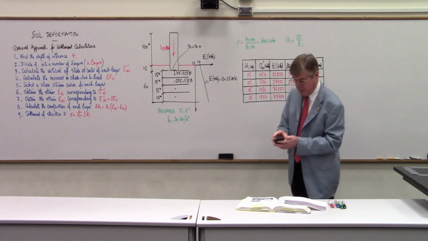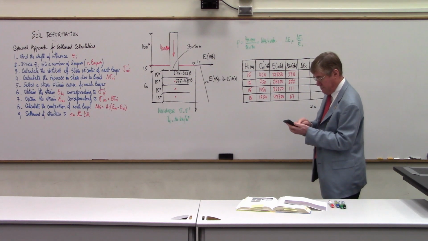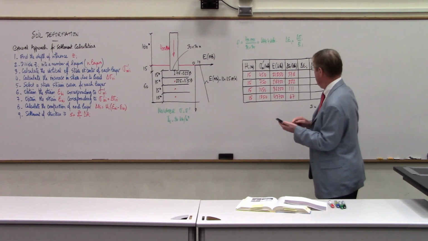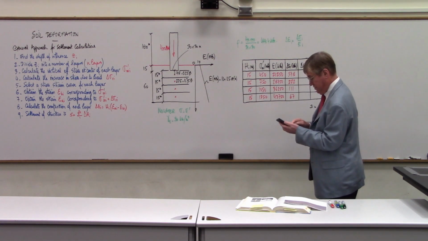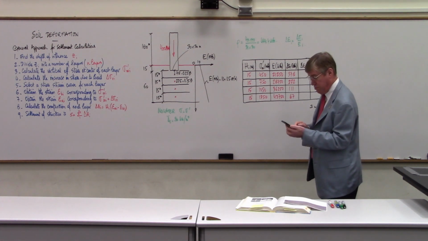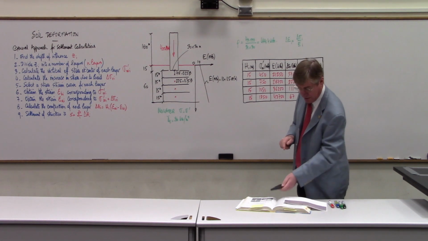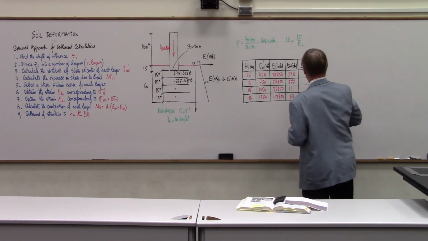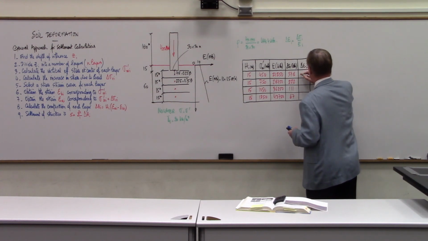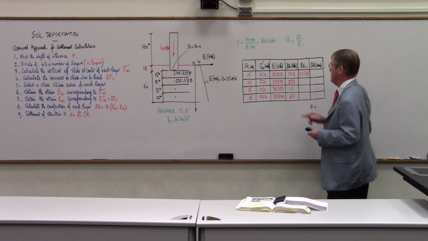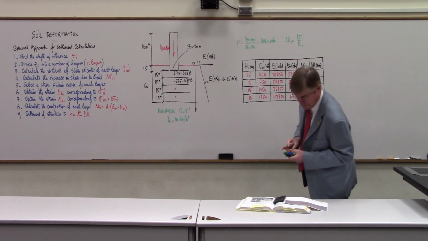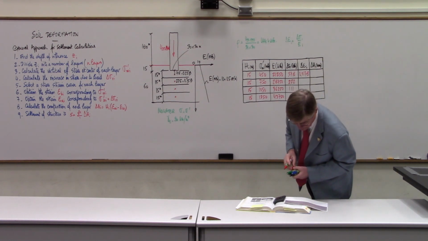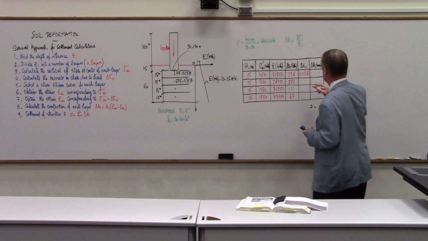So if I do that, I got 378 divided by 21,250 equals 0.0178. This number here is 0.0178. And I do the same, 222 divided by 28,750, and that gives me 0.0077.